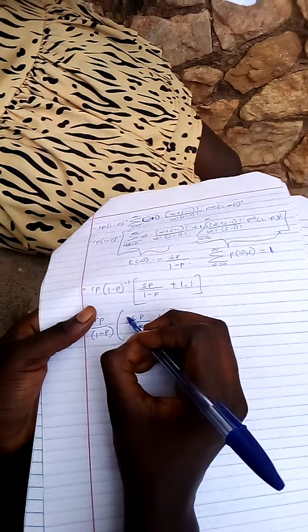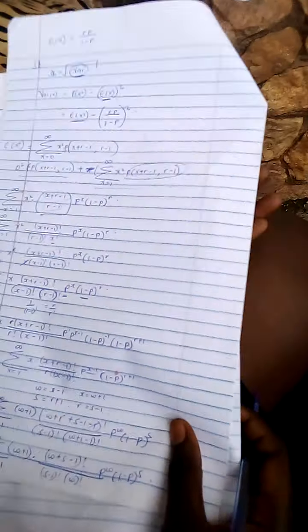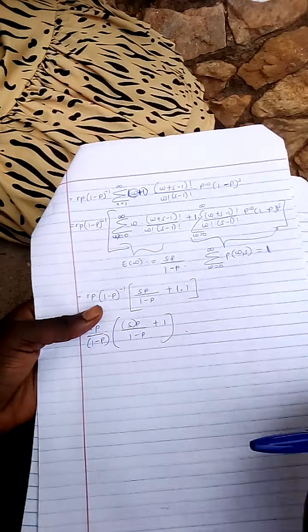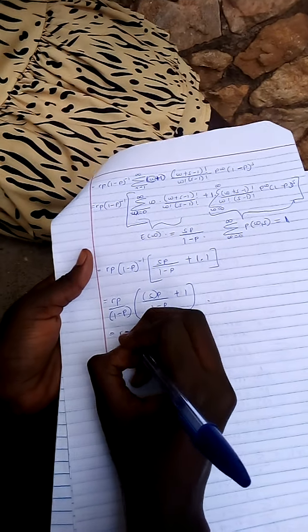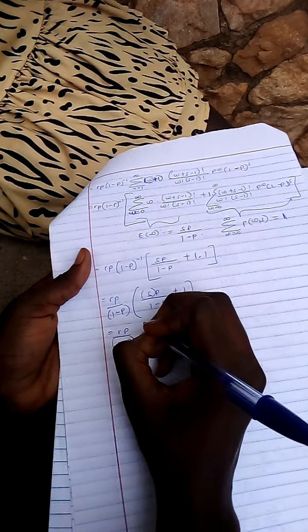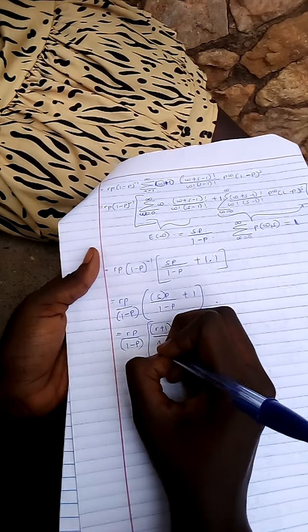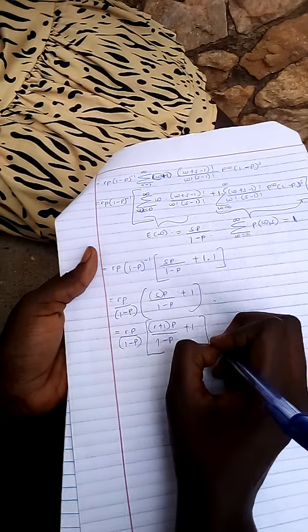So here we replace s, because originally our s is r plus 1. We shall replace it: rp times (r plus 1) p over 1 minus p, plus 1.